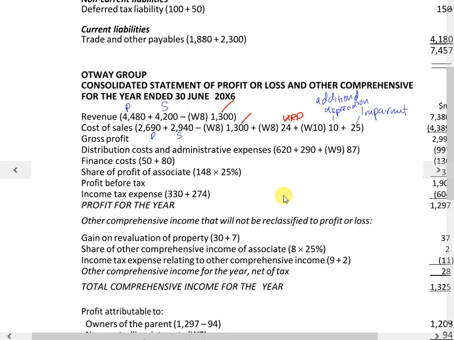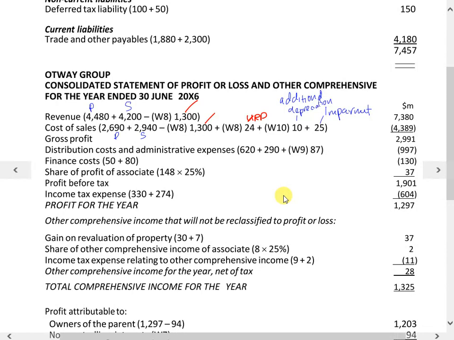Parent plus subsidiary, adjustment for additional depreciation 1 year, adjustment for impairment this year. Gross profit. How do you get your gross profit? You take 73 minus. Clear? You don't take parent plus subsidiary. Always take your group sales minus group cost, group gross profit.